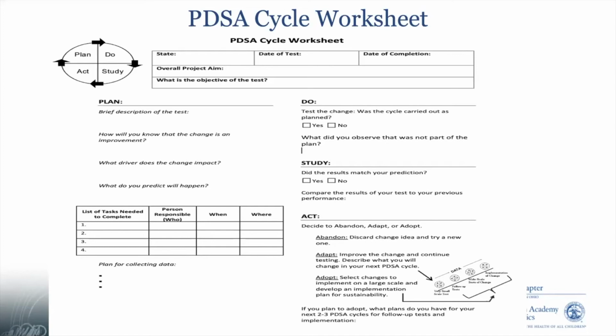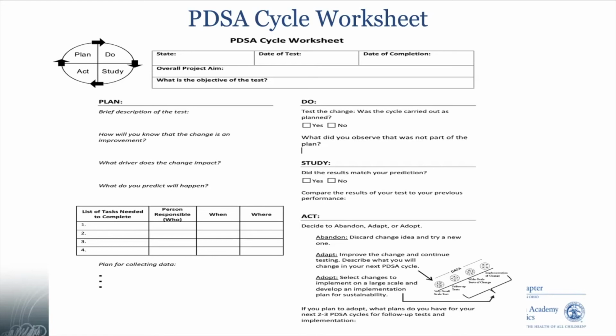This is the 4th step. And you really are going to go in one of 3 directions. If, for instance, nothing changed, or it was not what you expected, you may decide to abandon it. You may have to say, you know what, this just doesn't work for our practice and we need to look at something else. You may decide to adopt it. It may have gone exactly the way you thought it was going to.